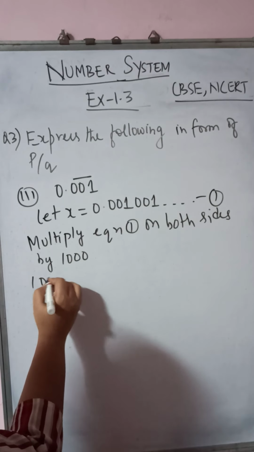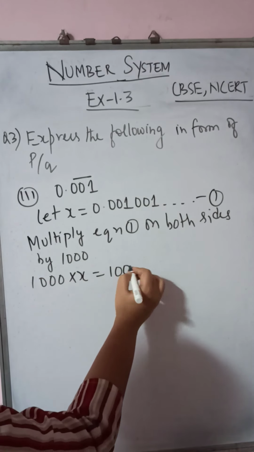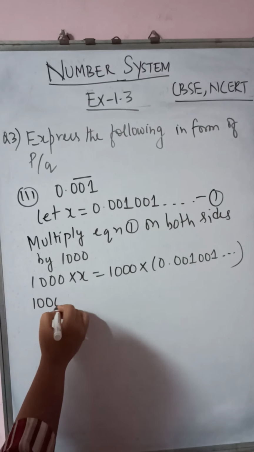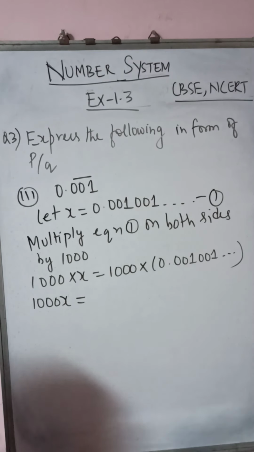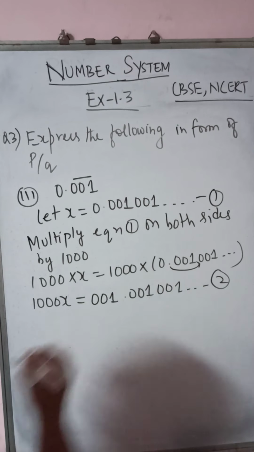So what will you get? 1000 into x is equal to 1000 into 0.001001. So 1000x is equal to, when it is multiplied by 1000, the decimal will be shifted 3 places towards the right. So this will become 1.001001. So let this be equation 2.